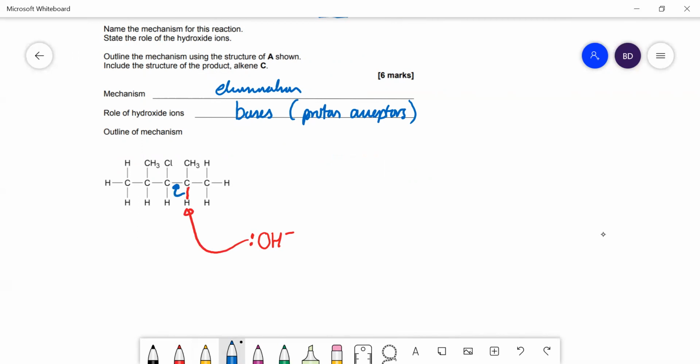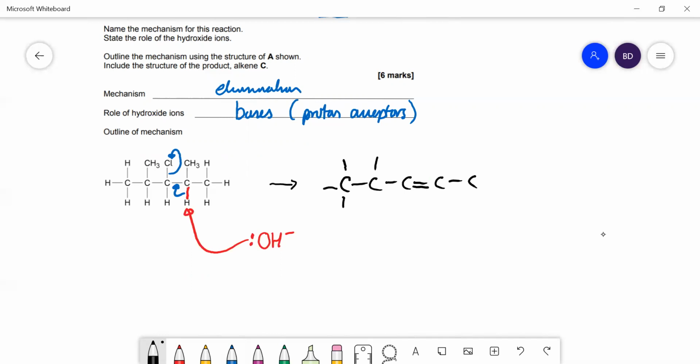And of course, this carbon is now going to be forming too many bonds, the green one, so you've got to break one of the bonds, and so the electrons in the bond there go onto the chlorine. Okay, so we got our alkene, 5 long, and we have got our double bond there.